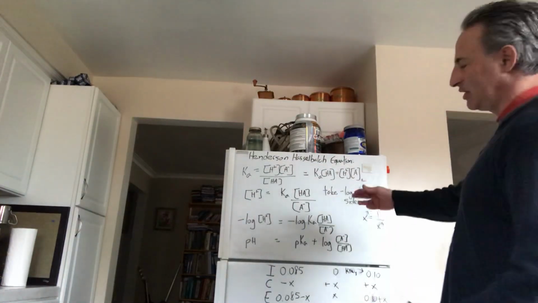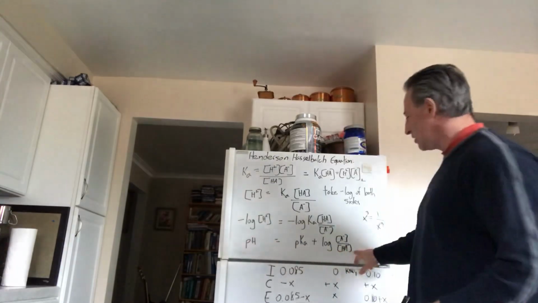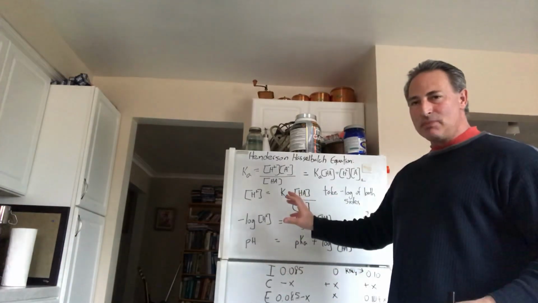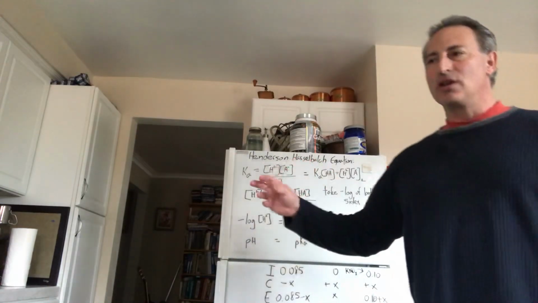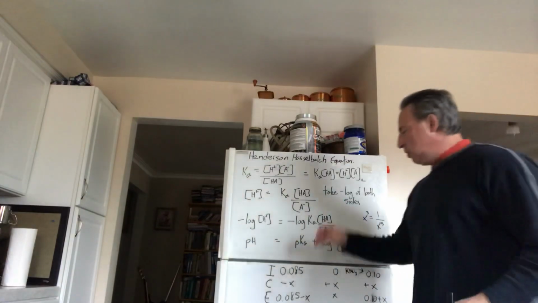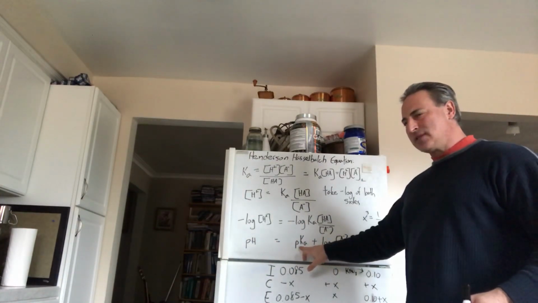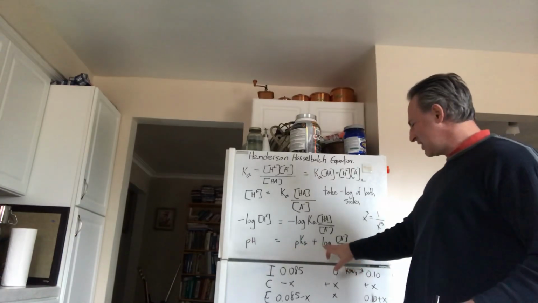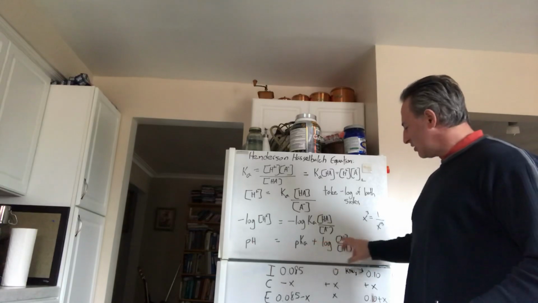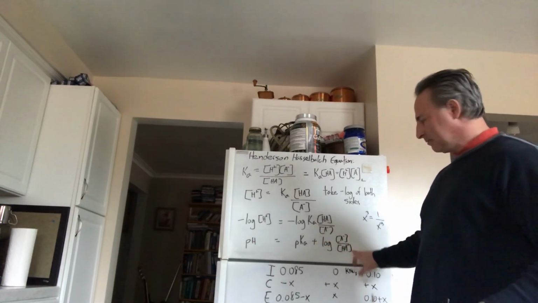I would have shown you the step, but I ran out of space on the board. So this is called the Henderson-Hasselbalch equation. For the pH of a solution in which there is a buffer, meaning a solution that contains both the acid and its conjugate base, you can determine the pH by finding the pKa of the acid, and by adding to that pKa the log of the concentration of the conjugate base over the actual acid.